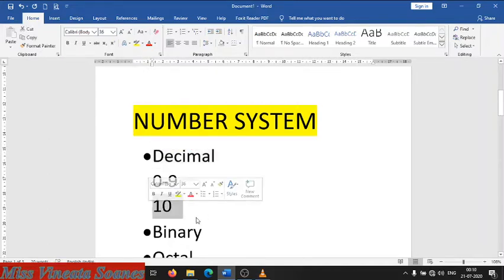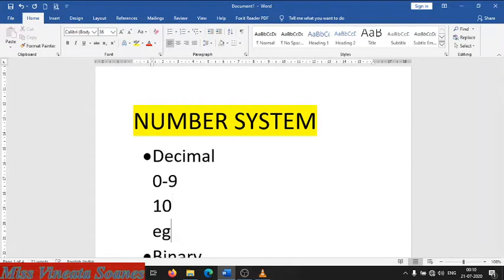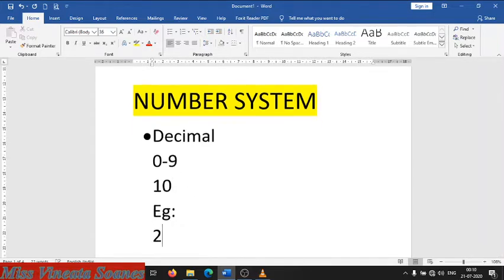Now what is base? Base always tells you what kind of number system that particular number is, right? So let's say I take 25 as an example, and just beneath it I write 10, in this way.